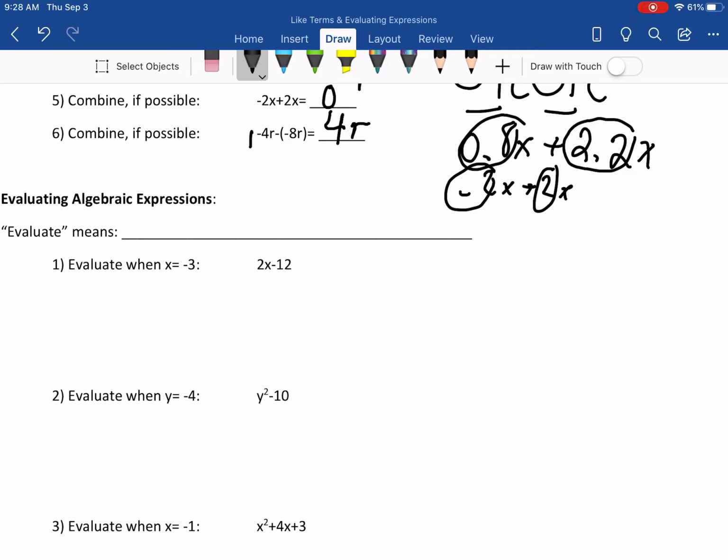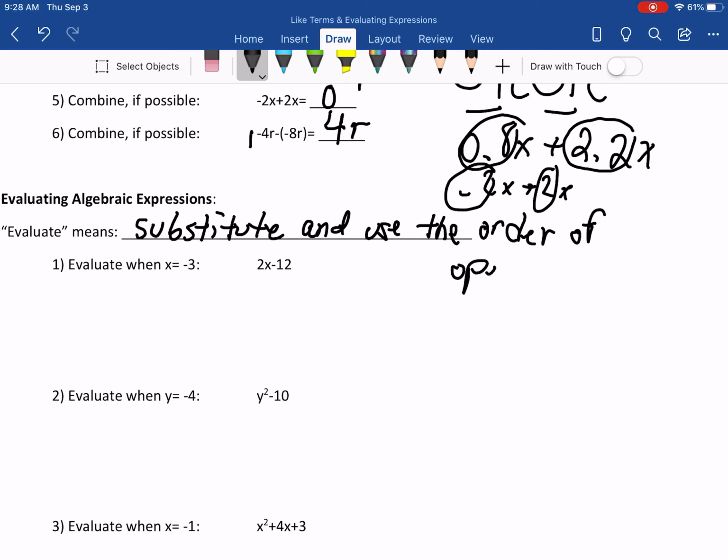So evaluate means substitute and use the order of operations, which of course is PEMDAS. Okay. So by substitute, we mean replace.